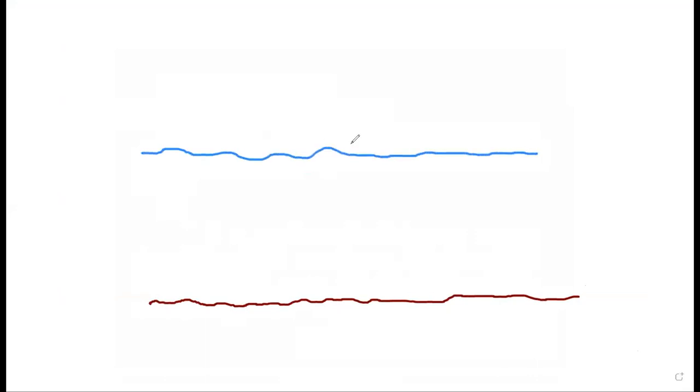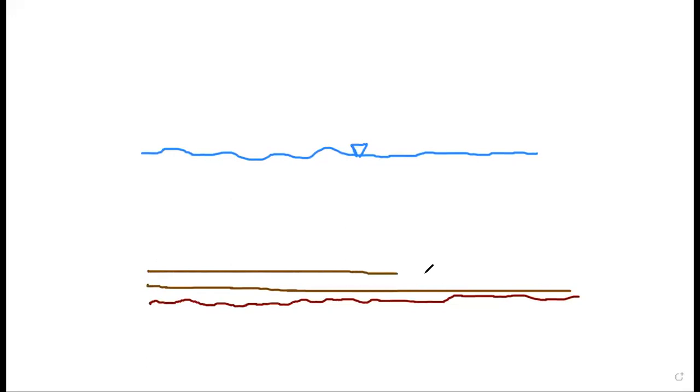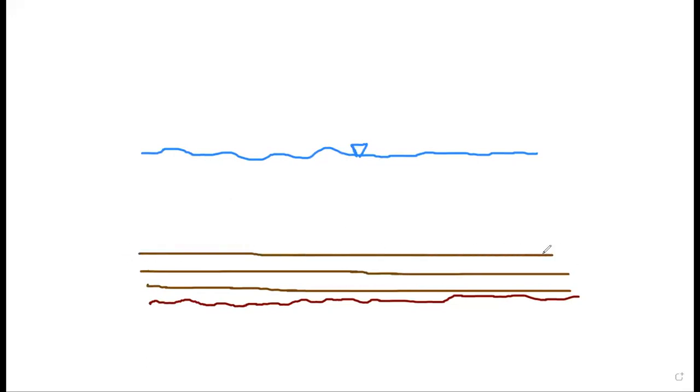Now suppose this is the bottom of the river. Okay, this is the level of river water. Now we know that in the river water, various sediments are present. When that sediment settles down or is deposited at the bottom of the river, various layers of sediments are formed and they are converted into sedimentary rock.